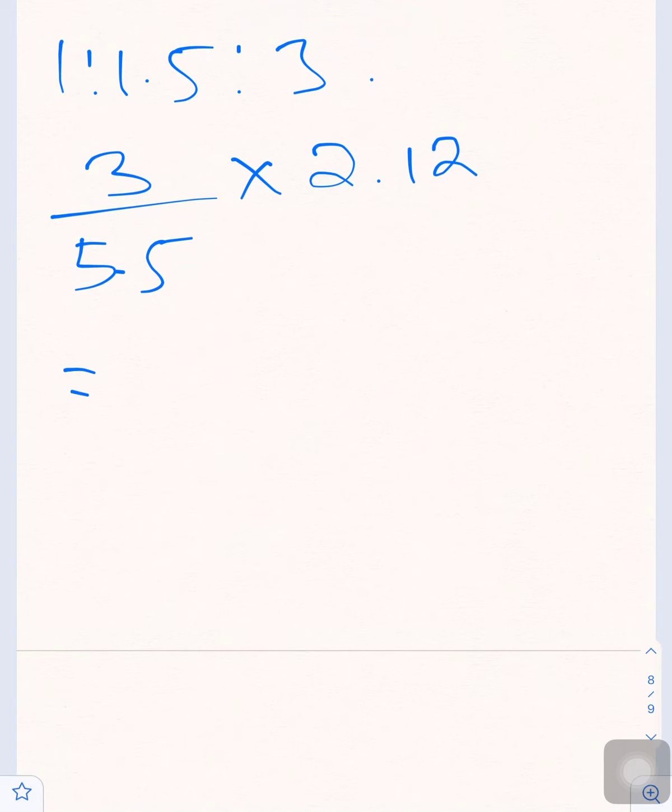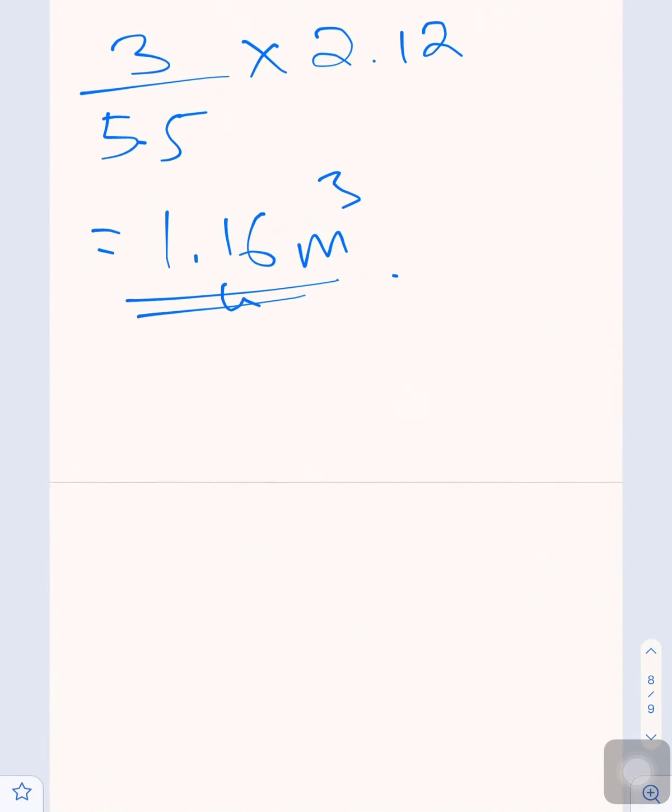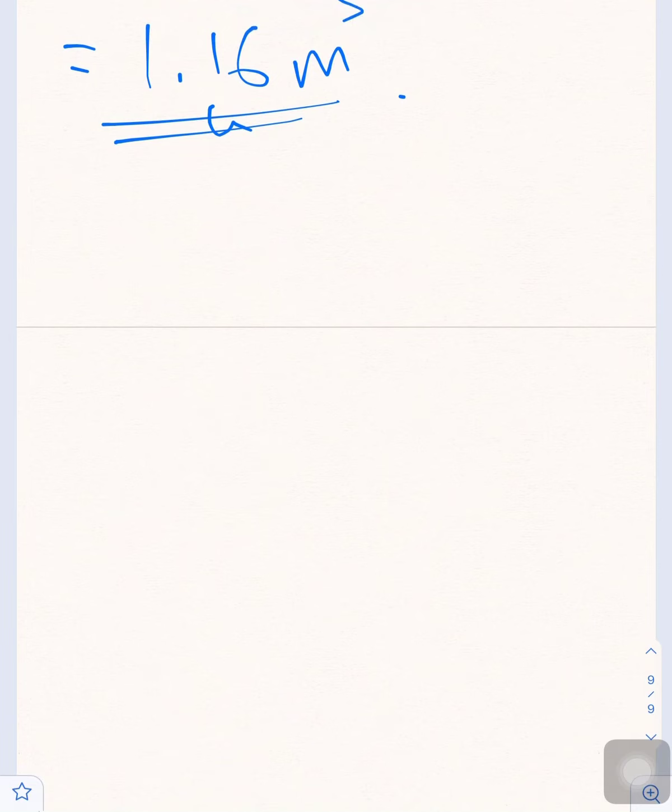After we do the same mathematics, 3 divided by 5.5 multiplied by 2.12, we have 1.16 cubic meters. So this is the volume of the coarse aggregate in our 2.12 of our concrete slab, that volume of dry concrete.